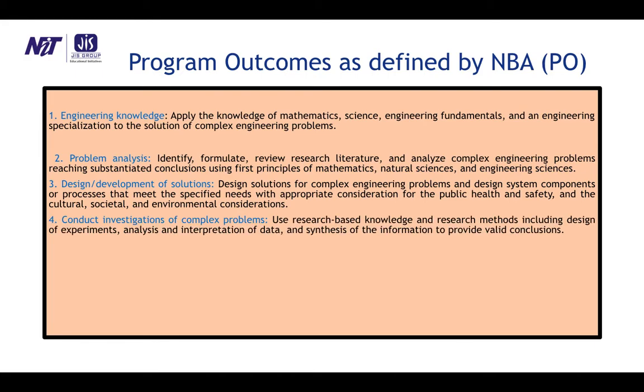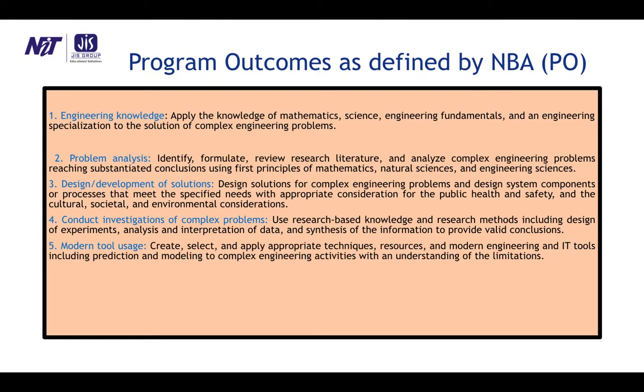Number 4, conduct investigations of complex problems: use research-based knowledge and research methods including design of experiments, analysis and interpretation of data, and synthesis of the information to provide valid conclusions. Number 5, modern tool usage: create, select, and apply appropriate techniques, resources, and modern engineering and IT tools, including prediction and modeling, to complex engineering activities with an understanding of the limitations.